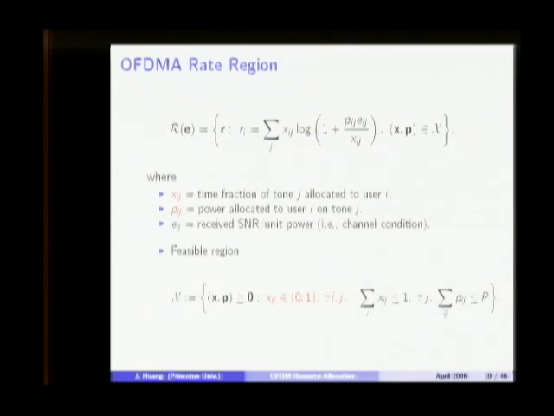In the practical system, once you decide a scheduling interval, and it is actually defined in the standard as well, a particular tone should be allocated to just one user. You don't want to timeshare because it adds complexity. Theoretically, later we'll relax this constraint. But we realized that by relaxing this constraint, in most cases the optimal solution will automatically satisfy the integer constraint.